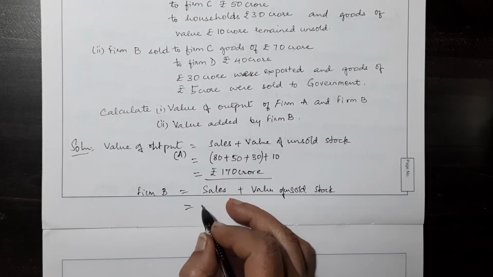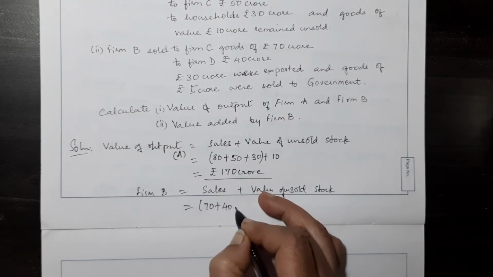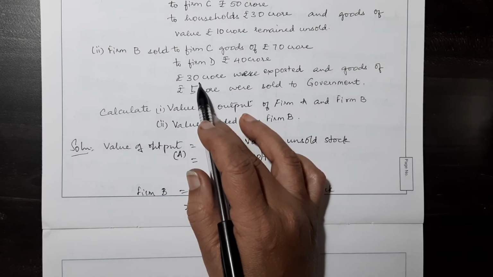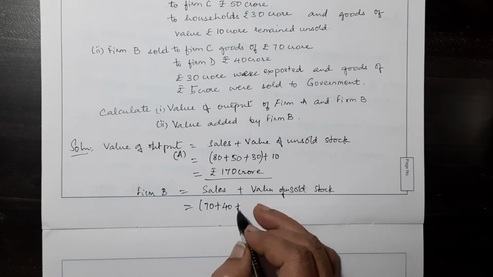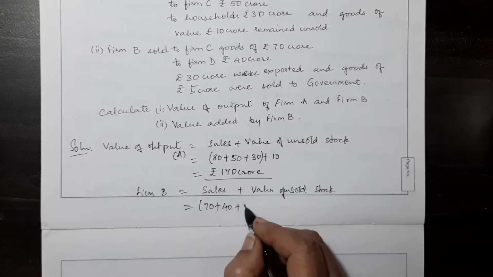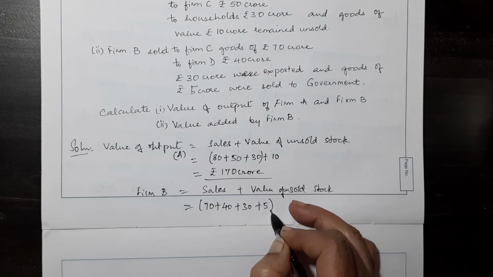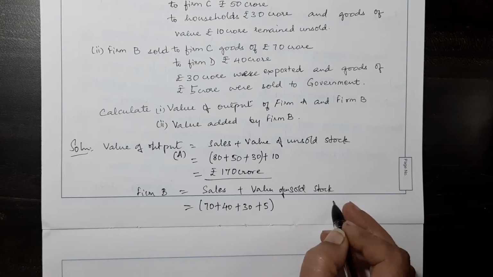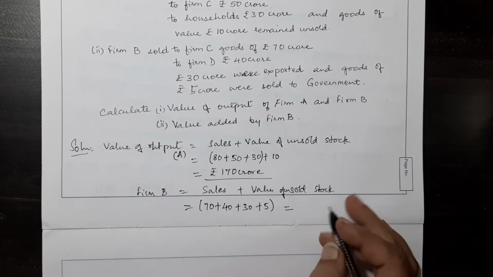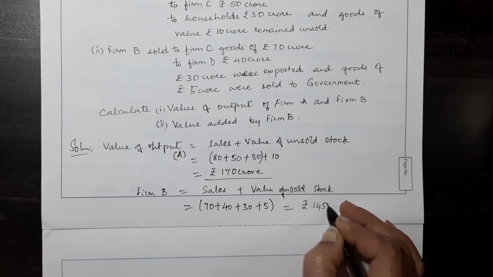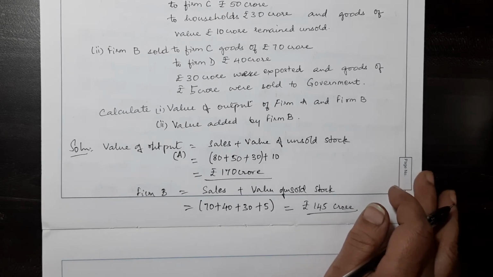To firm C, it sold worth 70 crore plus to firm D 40 crore plus 30 crores were exported. So exports also we have to take into consideration. Plus 5 crore were sold to the government, so that also we have to include. There is no unsold stock, so we will not write anything. Now what is the sum equal to? 70, 110, 140, 145. So rupees 145 crore is the value of output of firm B.